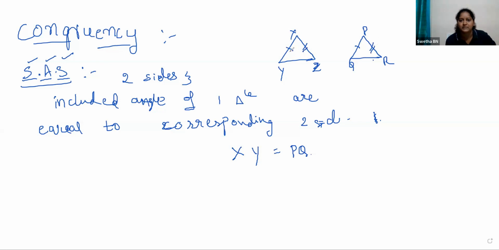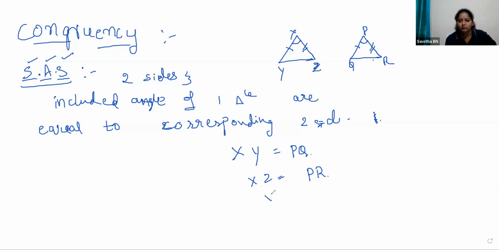See, I'm putting two lines here and here I have used only one line. Okay, XZ is equal to PR. So XY is equal to PQ and XZ is equal to PR. They are corresponding sides. And which is included angle? The angle is forming between these two sides, right? So then only we say they are congruent.